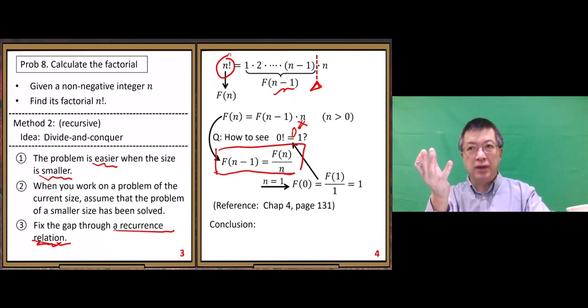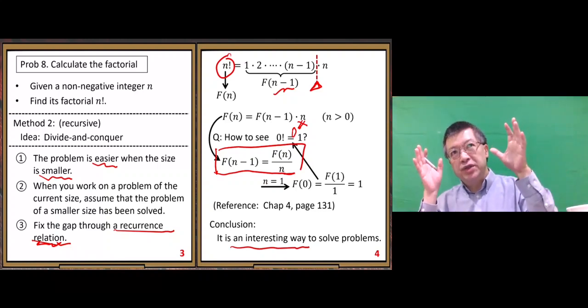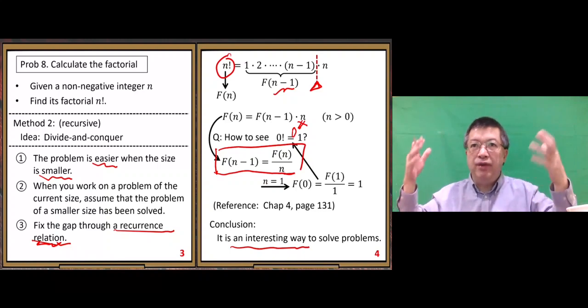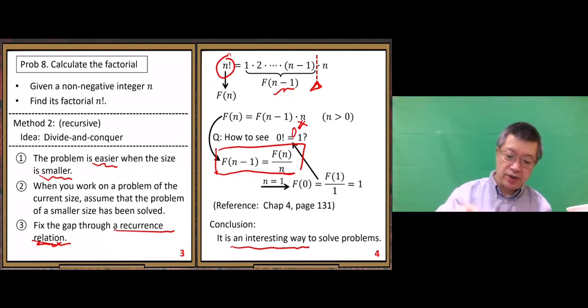It just gives us an interesting way to solve a problem. So we just want to use this simple example to help us get a better understanding of recursive algorithms. That's what we want to do in this video. All right, so let's stop at this point.